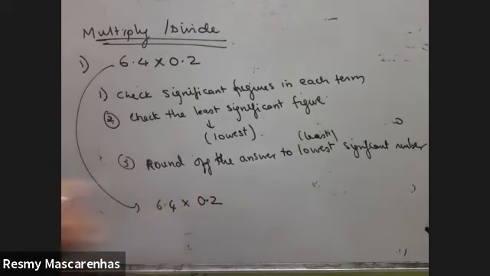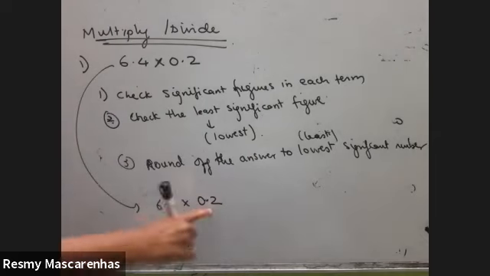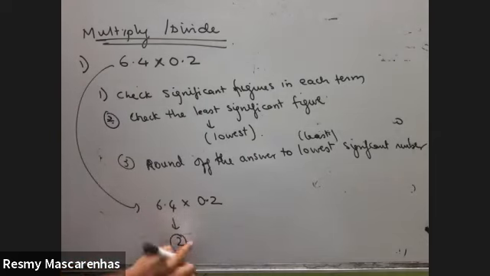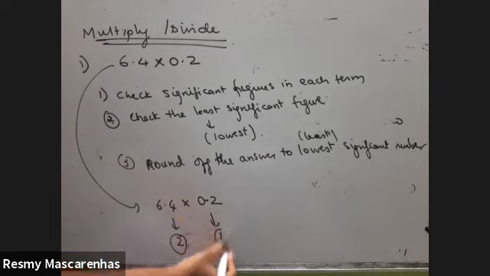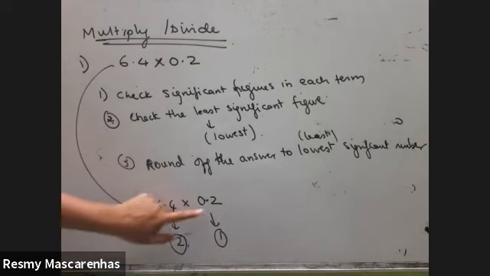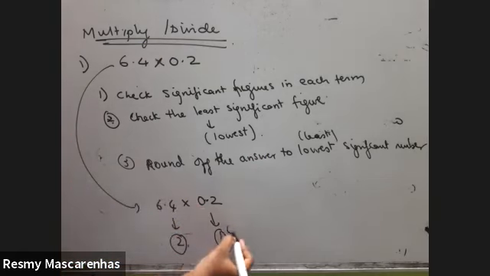How many significant numbers in this? 2. In this one? 1. Because any 0 before the decimal has no meaning. So there are 2 significant numbers here and just 1 significant number here. Which is the least?